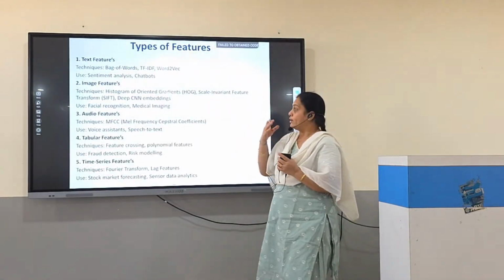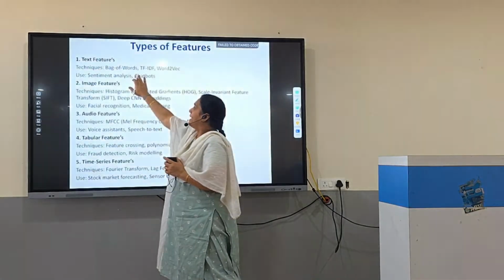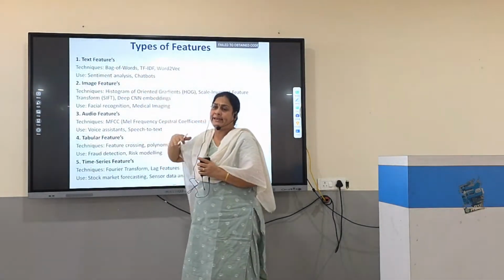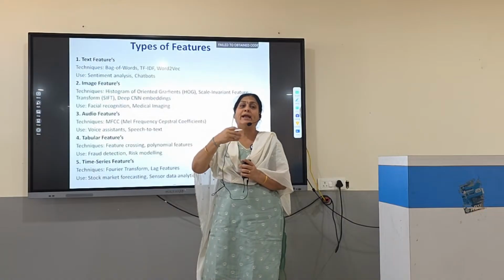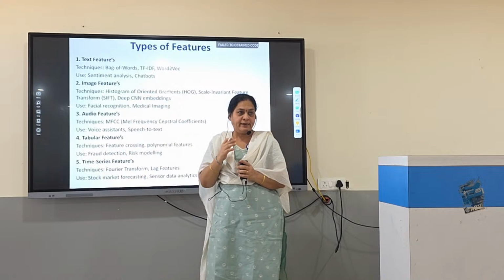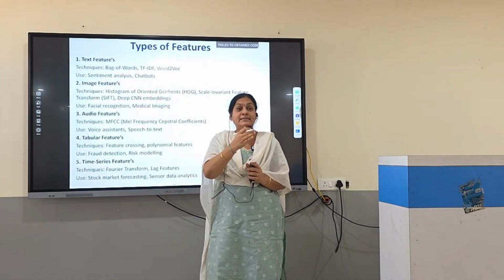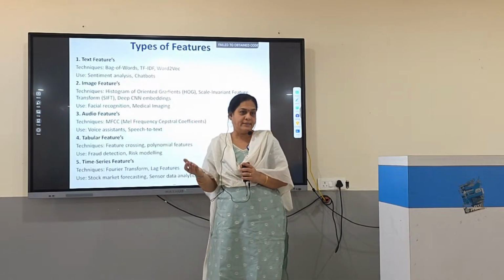When you go for text-based features, you use techniques like bag of words. There are different techniques used to get features from text. A machine cannot understand text, so you have to convert the text, the letters, words and sentences, into a form that the machine can understand.